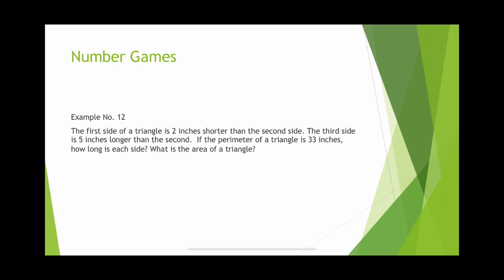So as you can see, the question is finding the area of a triangle and the length of each side. So you cannot find the area unless you find the sides of the triangle. In order to do that, we must have a reference.